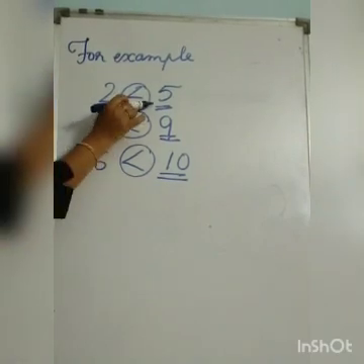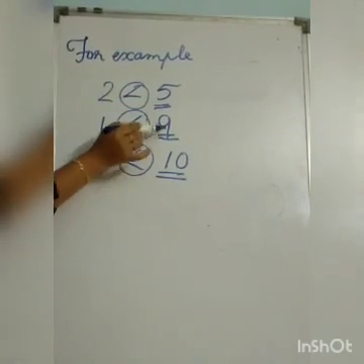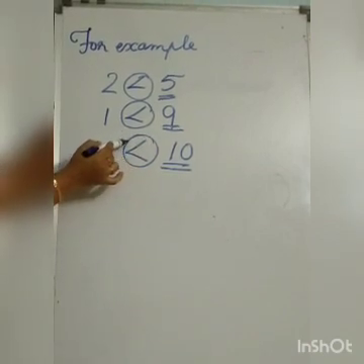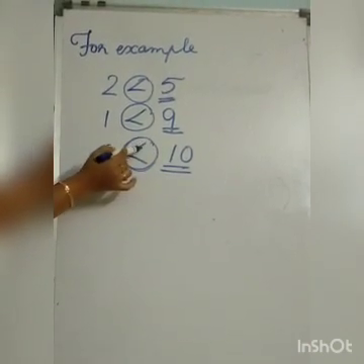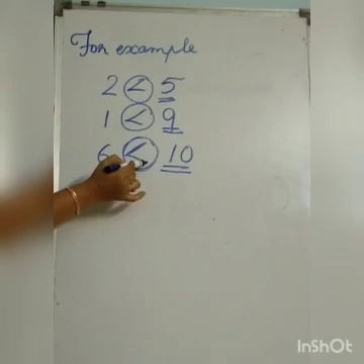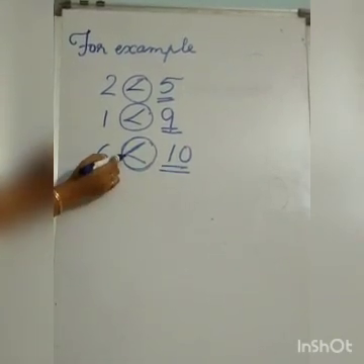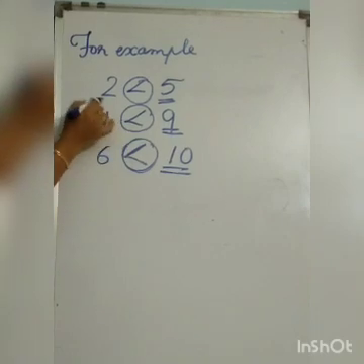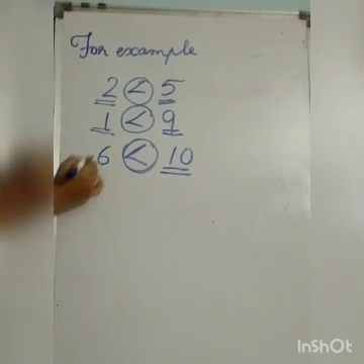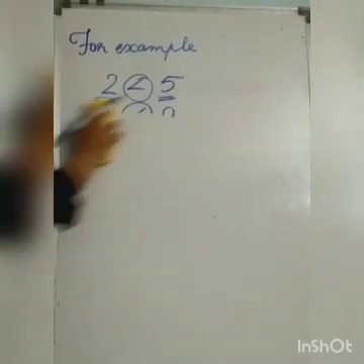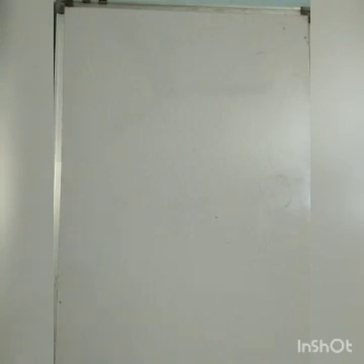Here the bigger numbers are 5, 9, 10. That means the open mouth of a symbol shows the bigger number. The closed mouth of a symbol shows the smaller number. Understood, children? Now, next topic.